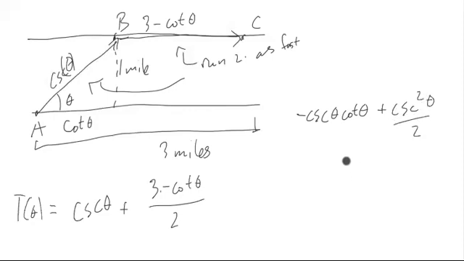Okay, then let's factor out the cosecant theta. So we have cosecant theta, and I'll reverse the order that this is written: cosecant theta over 2 minus cotangent theta.